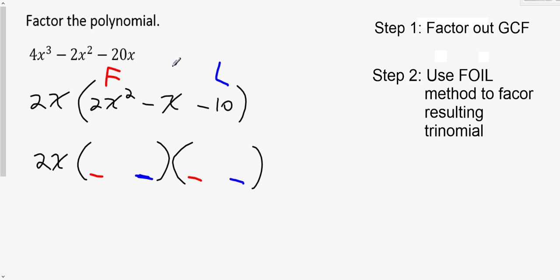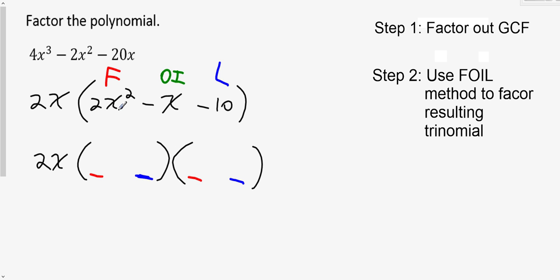The O and the I, that's what we check. Once we fix first, first, and last, last, we just check O and I to make sure it gives us the middle term. So let's go ahead and try with the first, first. We have to think about what we could possibly multiply together to get 2x squared. Remember, each one of these parentheses needs to have a variable in it.